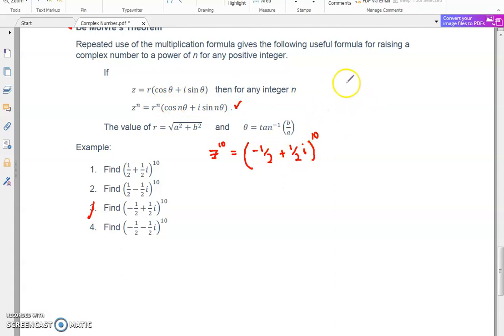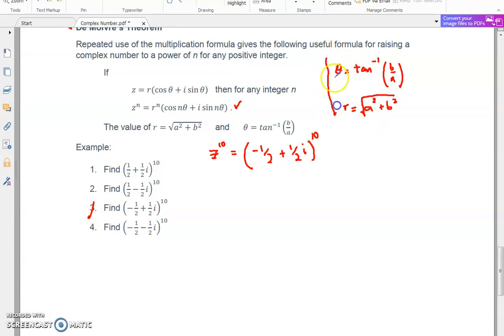The formula of theta is tangent inverse of b over a, and the value of r is the square root of a squared plus b squared.